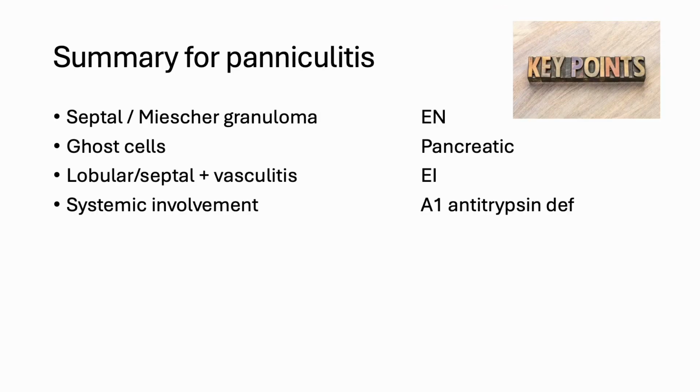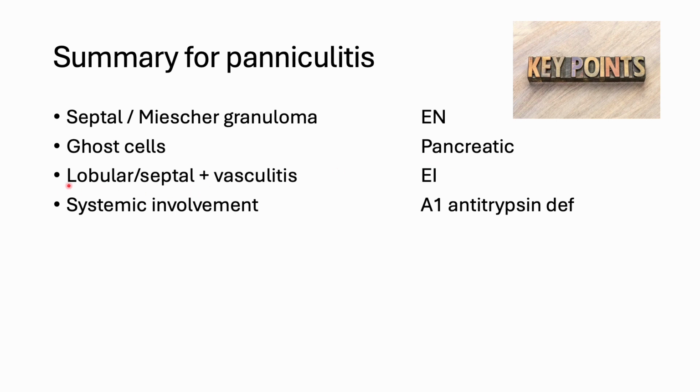Now we are reaching the end of panniculitis. Let's do a quick summary of panniculitis, key points and the disorders. If we see only septal panniculitis with Miescher granuloma, what should we think? We should think erythema nodosum. If we see those calcified ghost cells, we should think pancreatic panniculitis.